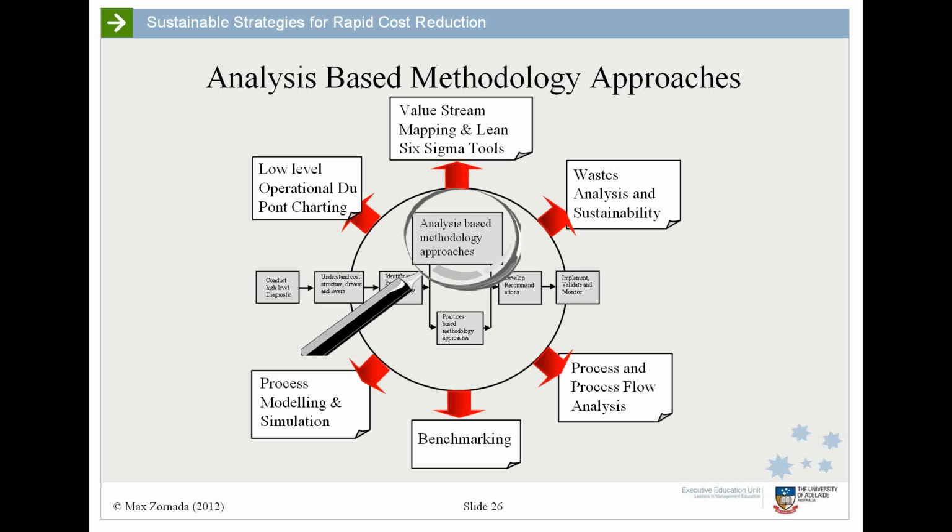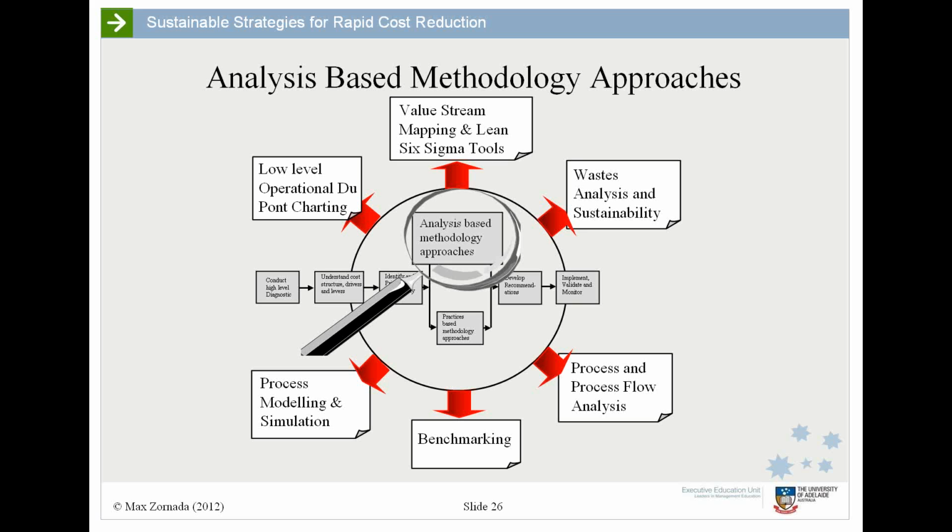The methodologies cluster into two broad types. The first type I've called analysis-based methodology, because it involves doing some kind of analysis to understand problems, what things are going wrong, and what's driving waste, inefficiency and high costs. We have a whole range of tools that we can use to do that.